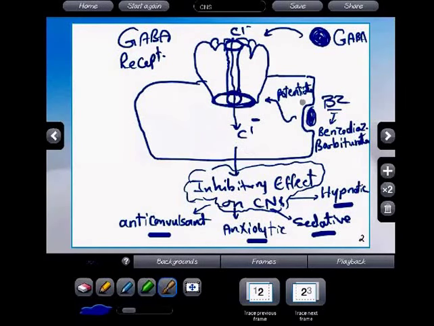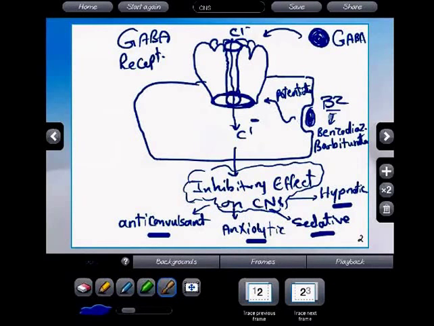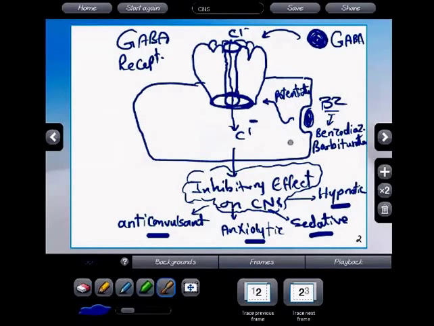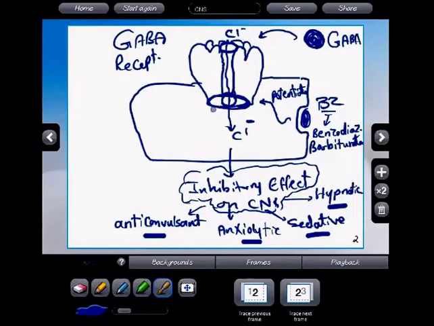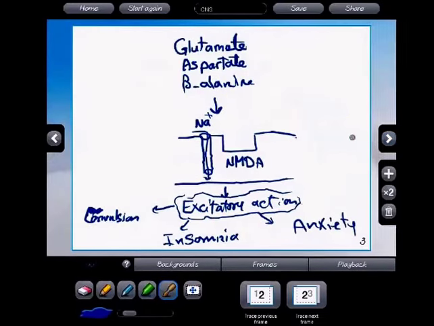So here, the allosteric site is a benzodiazepine receptor, at which benzodiazepine drugs or barbiturate drugs can bind, and this potentiates the GABA action.